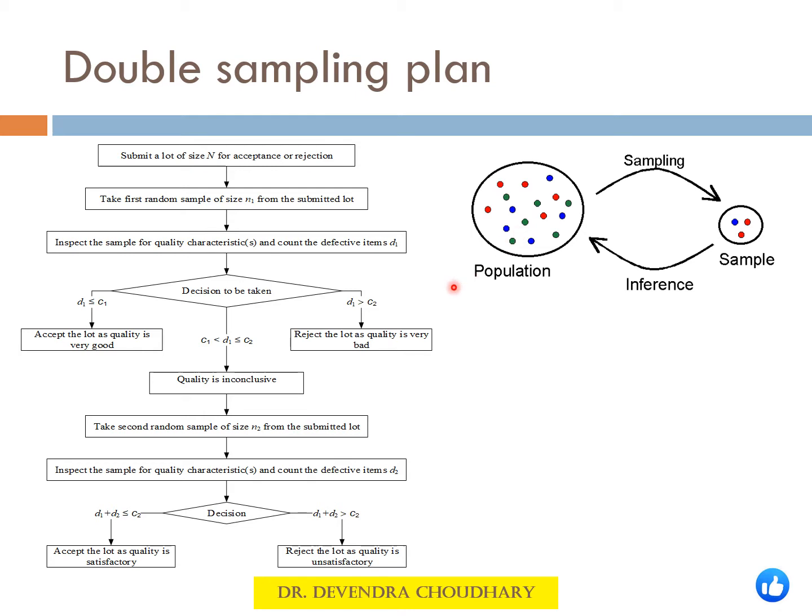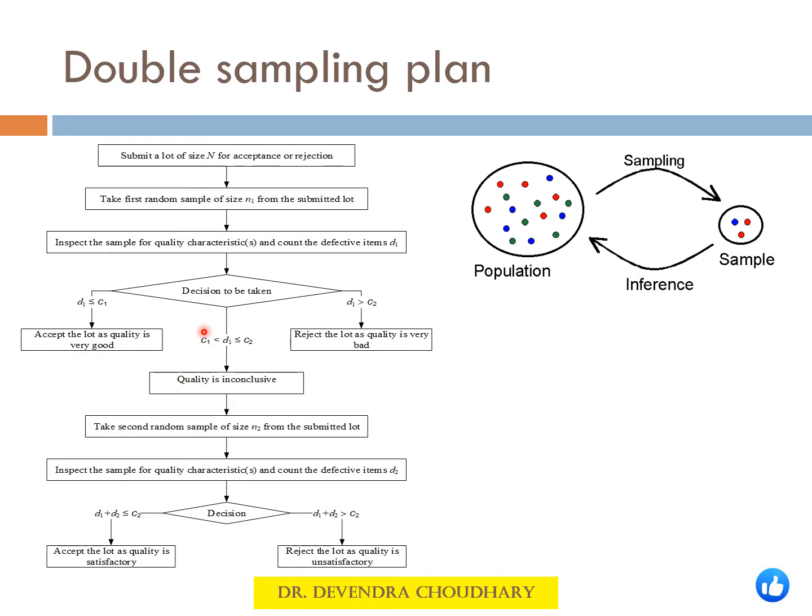If the number of defectives is more than acceptance number C2, then this entire lot is rejected by the consumer. So when the lot is good enough, it is accepted by the consumer based on the first sample, and if it is bad enough, it is rejected by the consumer.